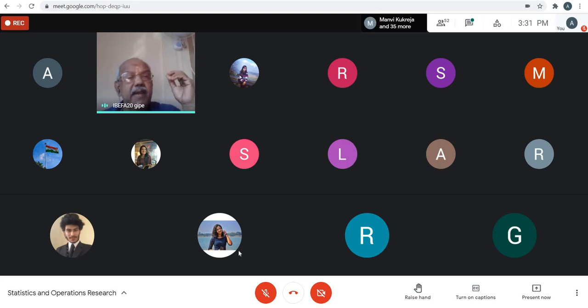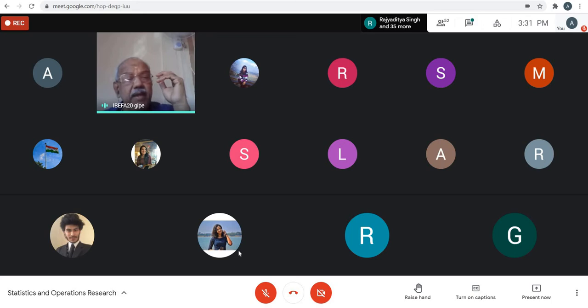x1 minus x3 less than or equal to 4, in which I don't have x2. 2x1 plus 4x2 less than or equal to 12, in which I don't have x3. Minus x1 minus x2 minus x3 less than or equal to minus 2. 3x1 plus 2x2 minus x3 less than or equal to 8.